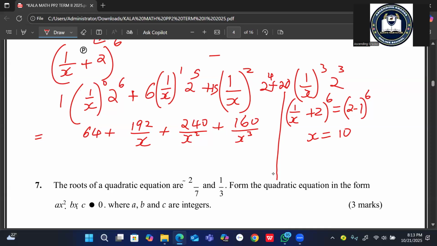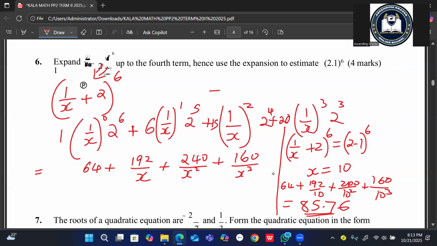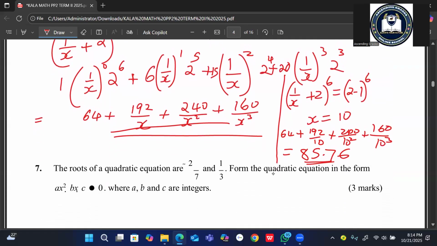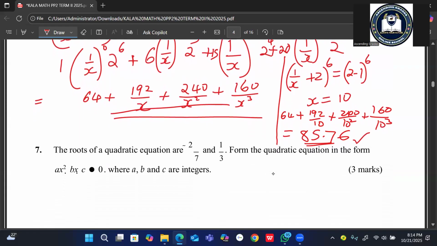So it will be 64 plus 192 over 10 plus 240 over 10 squared plus 160 over 10 cubed, which will give you 85.76 as your final answer. So that was number 6: expand 1 over x plus 2 power 6 up to the fourth term, and hence use the expansion to estimate 2.1 power 6. This is your answer.